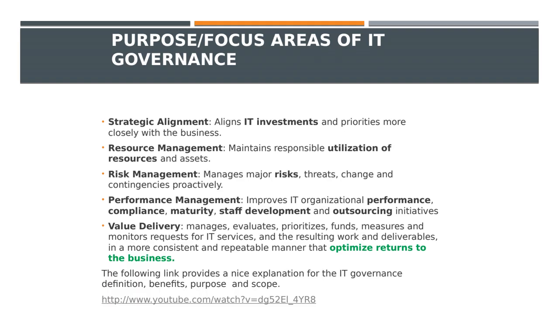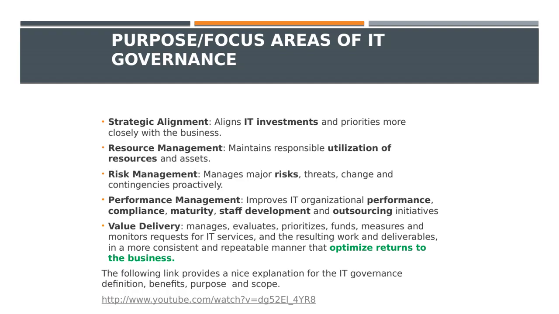What are the areas we focus on when we are designing or working on our IT governance? First of all, and number one always, strategic alignment. You need to align IT with business. For most of the questions you need to start with this answer. Sometimes you will find yourself starting with this answer: aligning IT with business objectives.